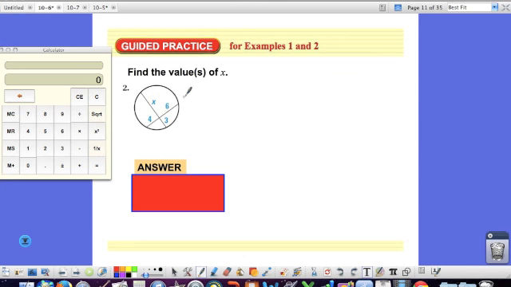So to find the length, you'll remember that x times 3 is equal to 6 times 4, which is 24. So 3x, that's actually how I should have written this, 3x is equal to 24, x would be equal to 8.